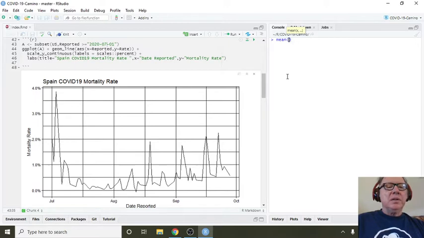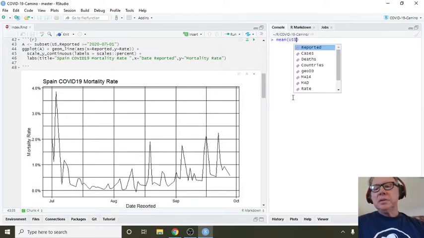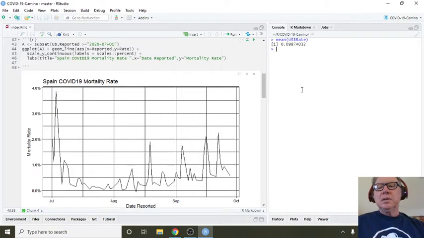Let's see if we can get a mean here. You can see what that spike did. It boosted up to 9.8, average 9.8 mortality rate. That obviously isn't correct. We can see it. So let's do this. So it's actually 0.6%.